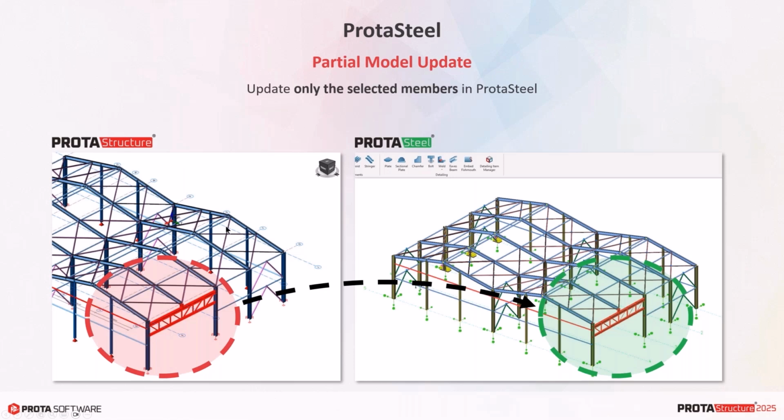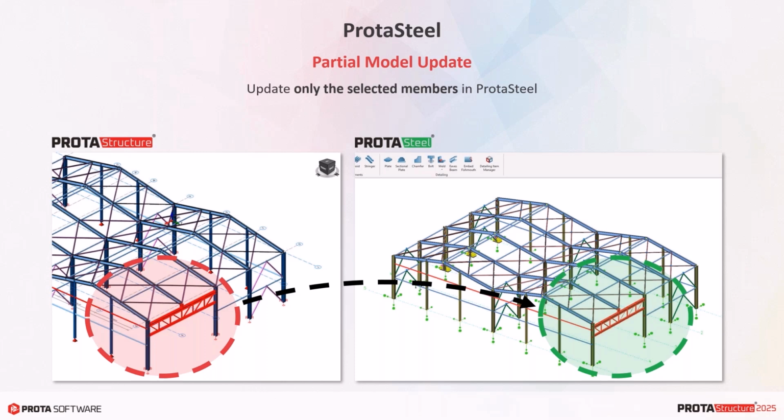Another important feature is the partial model updates, because between ProtaStructure and ProtaSteel there is a one-way data communication. Suppose that you transferred the model to ProtaSteel and you worked on it, you inserted some connections, you adjusted and fine-tuned the steel model for fabrication. And when the ProtaStructure model changes, you can update the model from ProtaStructure.